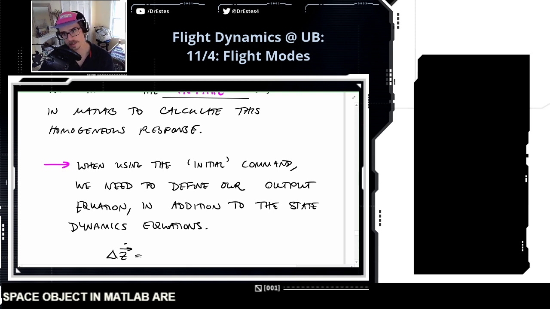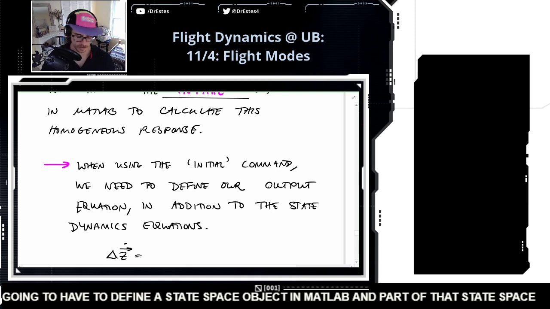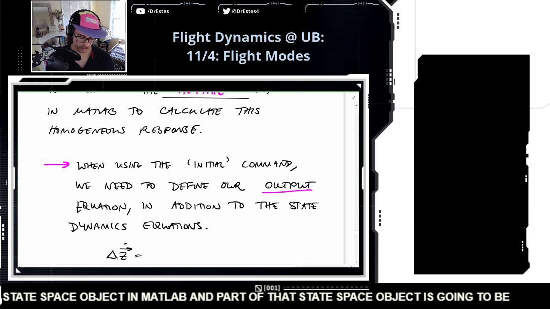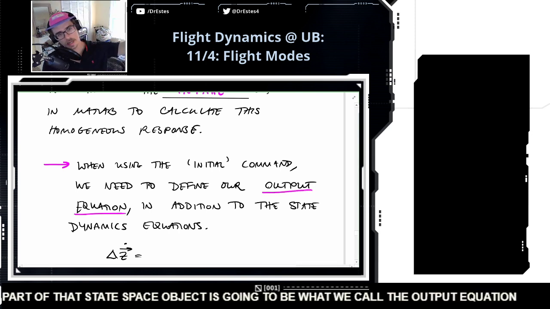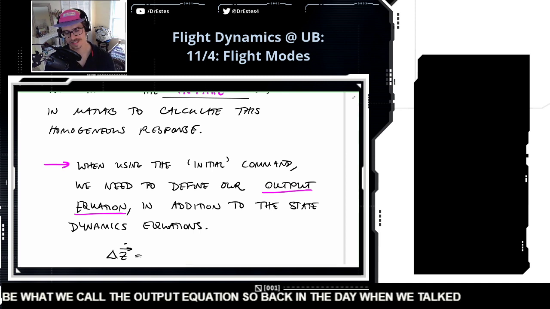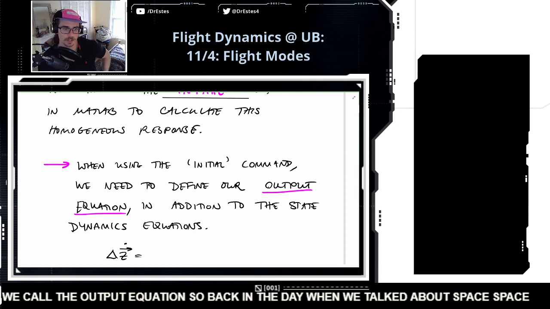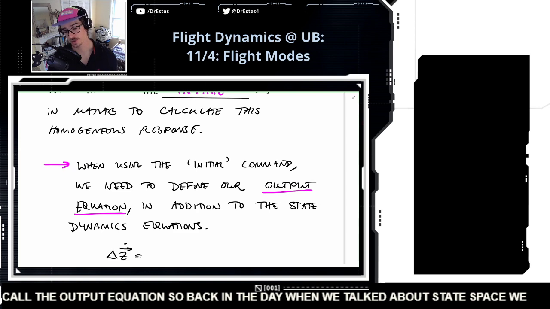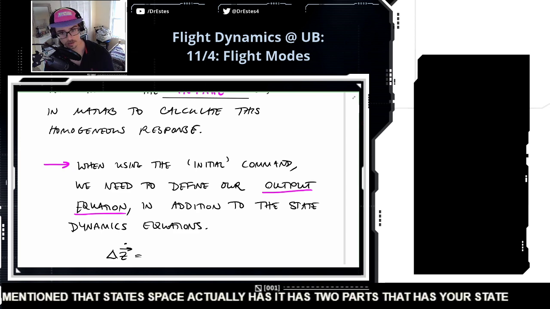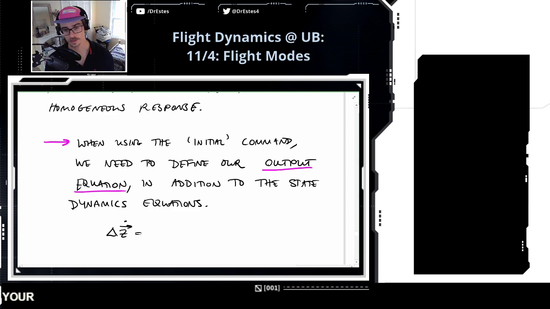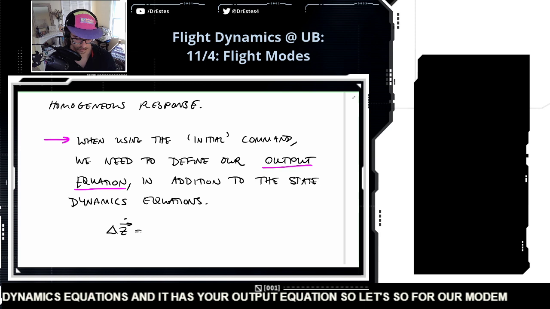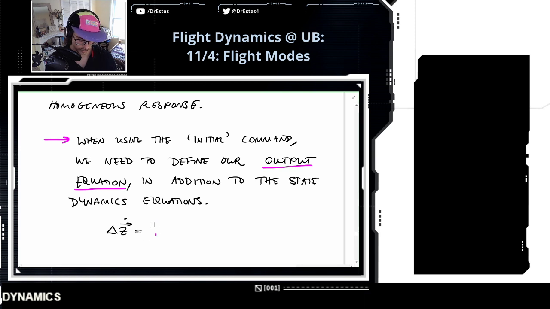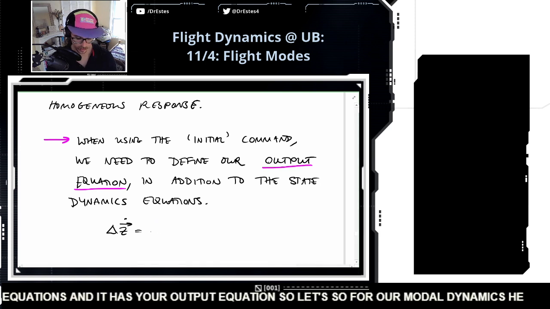And part of that state space object is going to be what we call the output equation. Back in the day when we talked about state space, we mentioned that state space actually has two parts. It has your state dynamics equations and it has your output equations. So for our modal dynamics, here's our state equation.